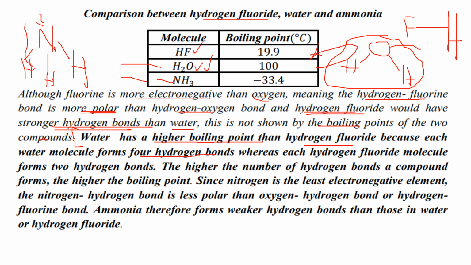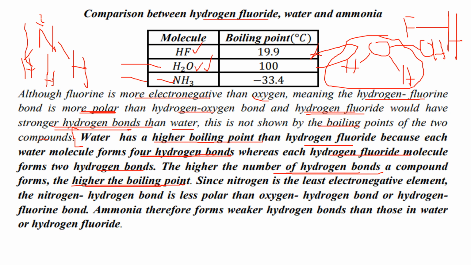So if at all another water molecule combines with it, we form what we call intermolecular hydrogen bonds together with hydrogen bonds. So each water molecule forms 4 hydrogen bonds, whereas each hydrogen fluoride molecule is going to form 2 hydrogen bonds. Now, as a result, the higher the number of hydrogen bonds present in a compound, the stronger the bonds within them are going to become, and therefore the higher the boiling point for such a compound.